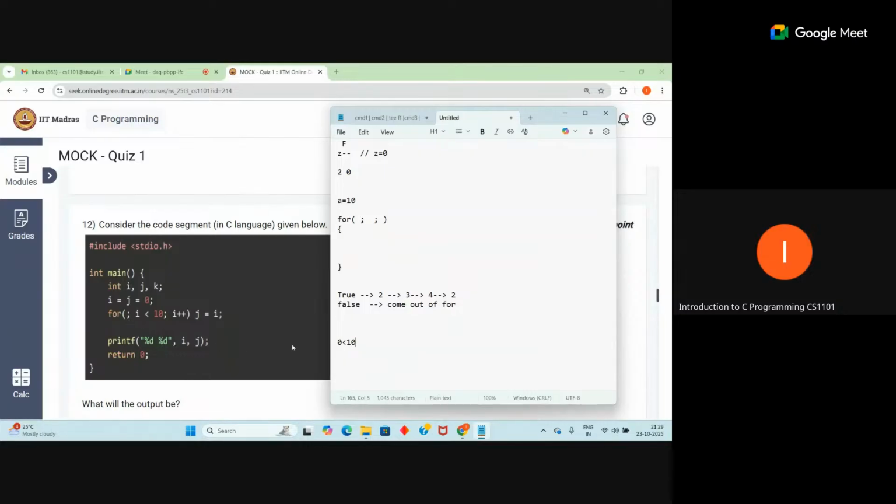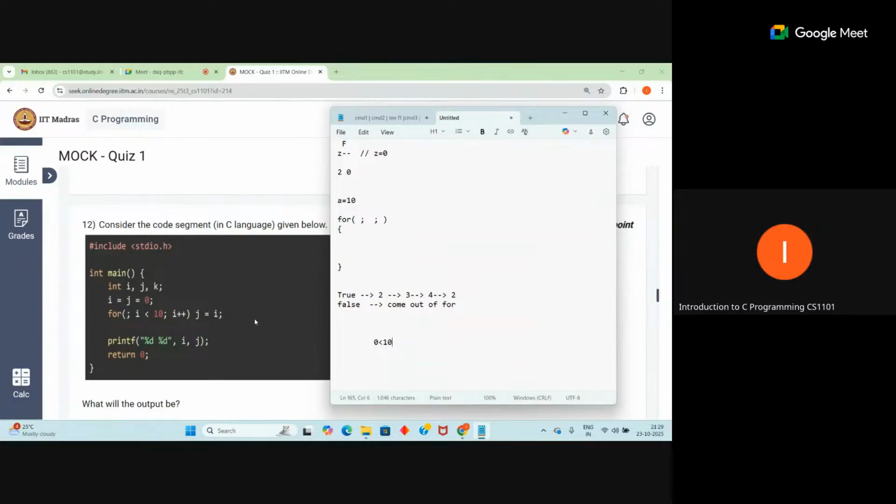Okay. So now the condition is I less than 10. What is the I value? 0. So the condition is 0 less than 10, so the condition is true now. So what will it do? It has to execute the body. What is the body given here?